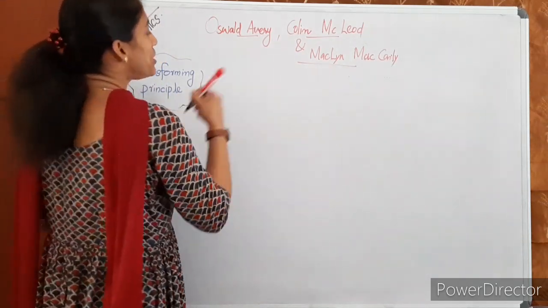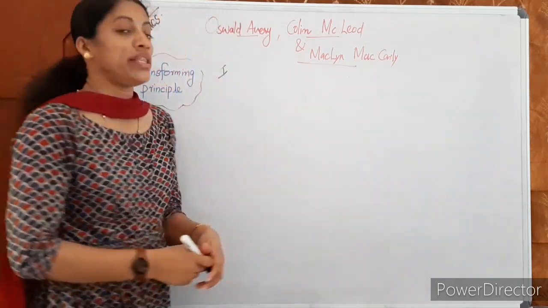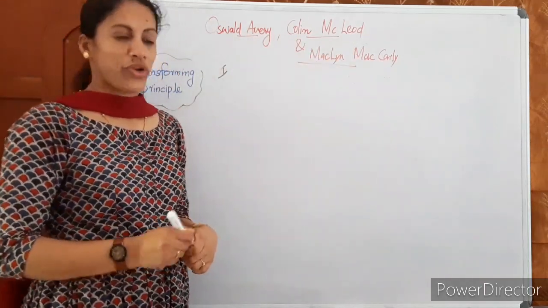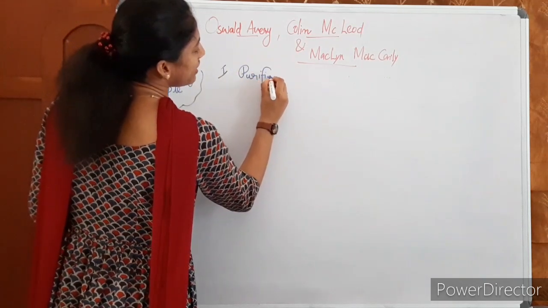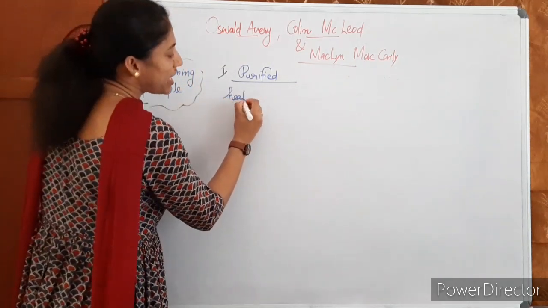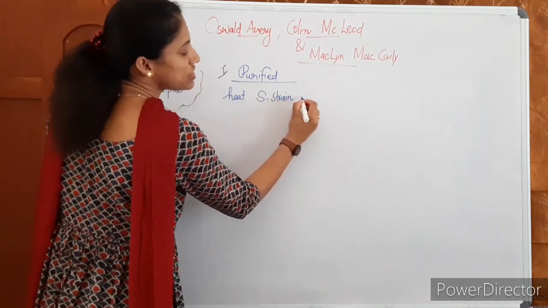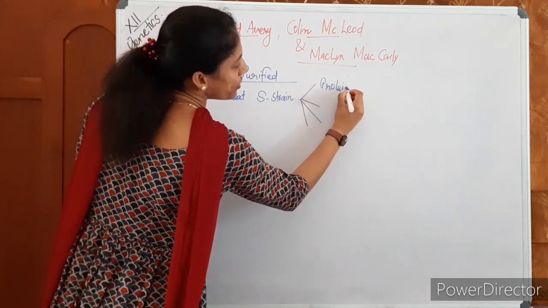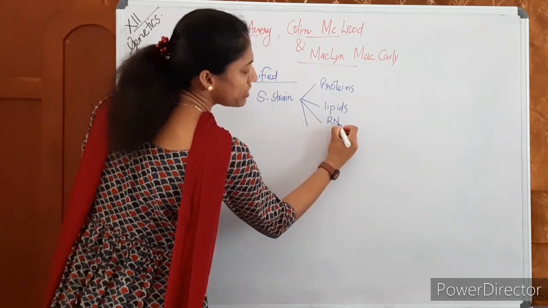In the first experiment, they conducted two sets of experiments. In the first set, Avery, MacLeod and McCarthy purified Griffith's heat-killed S strain, and from this they isolated all the biomolecules, proteins, lipids, RNA, DNA, by centrifugation.